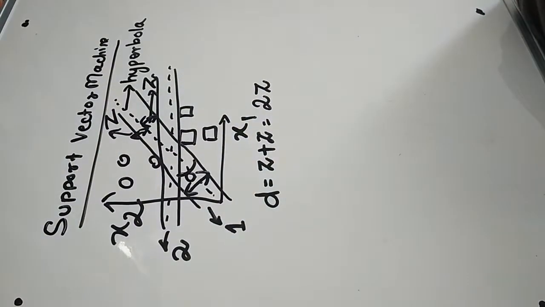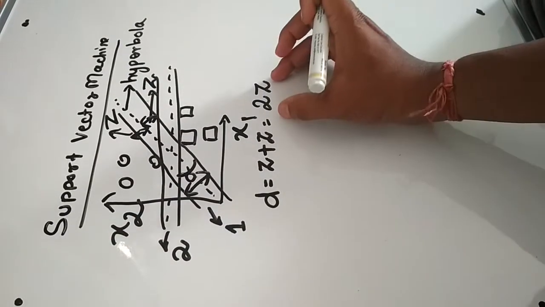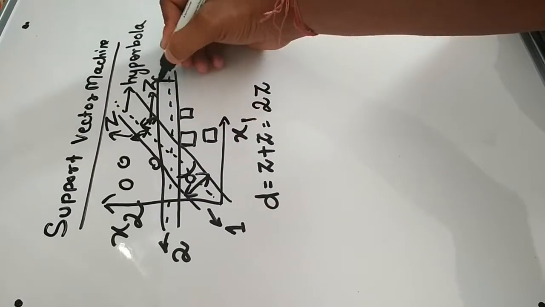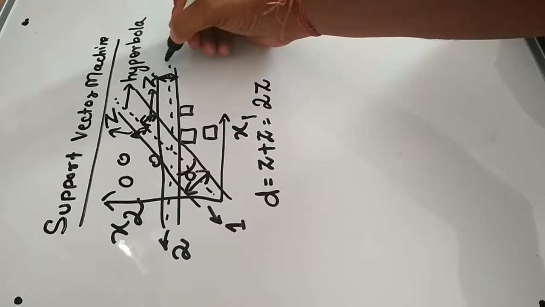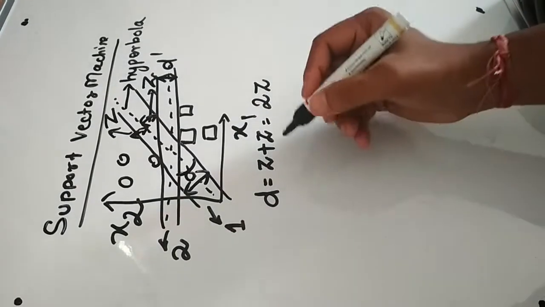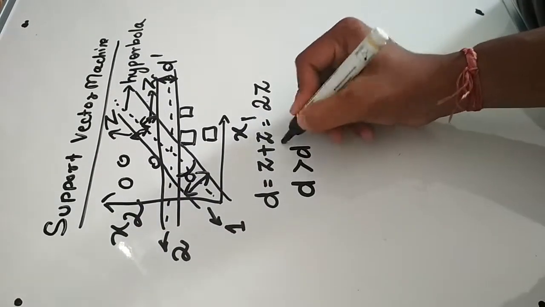Here we can represent the distance as 2z. This one also has a distance, which may be d dash. From this model we can see that d is greater than d dash.